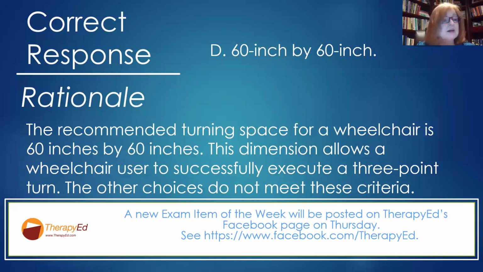But once you have that memorized and can multiply it by 12, you're going to get the right answer because the NBCOT exam follows the protocols. They follow the rules of the game. What are the rules for accessibility? Once you know those accessibility standards, you're going to get correct answers. And basically, you just have to go 1, 2, 3. It's a 3-point turn, not a 6-point turn.